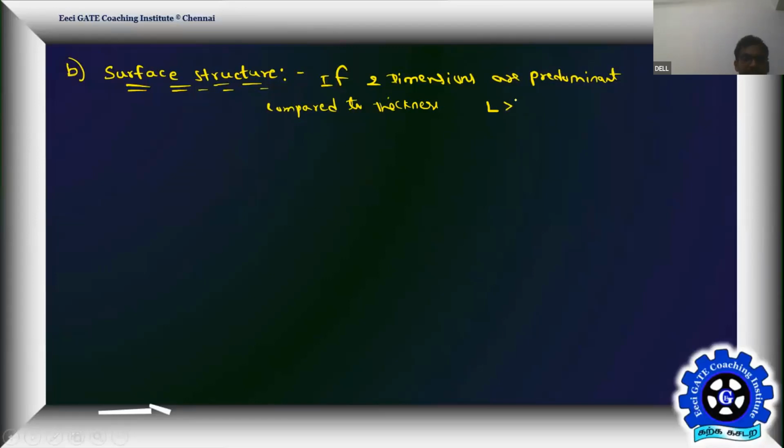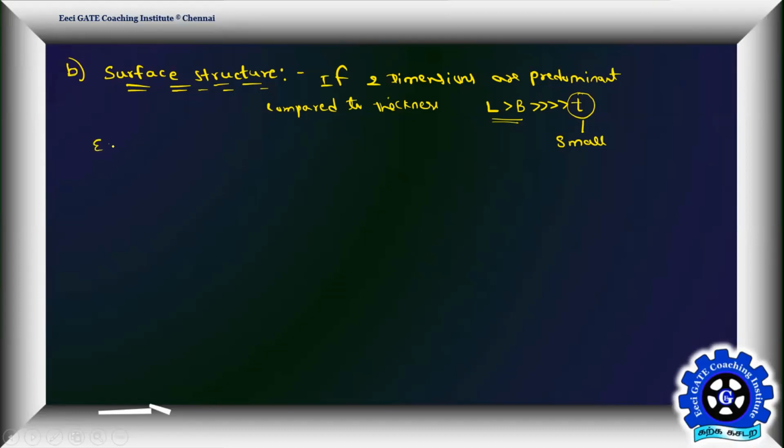Basically, length may be more than width, fine, but it is very, very large when compared to thickness. Which one is very small? Thickness. T means thickness. Thickness is too small, but length and width are almost the same. Then that kind of two dimensions are predominant. We call it a surface structure. What are the examples for this surface structure?